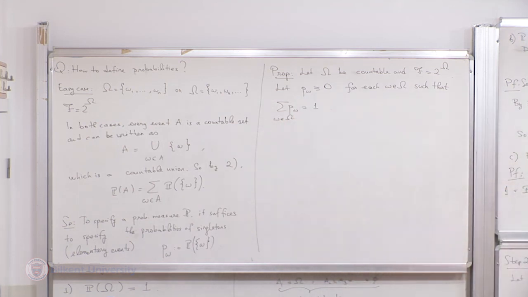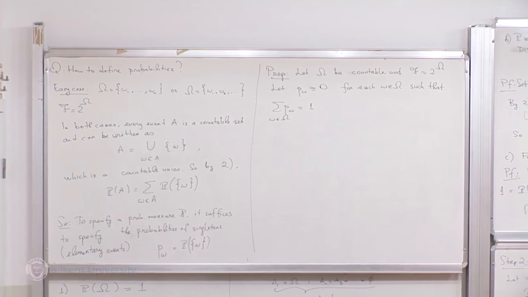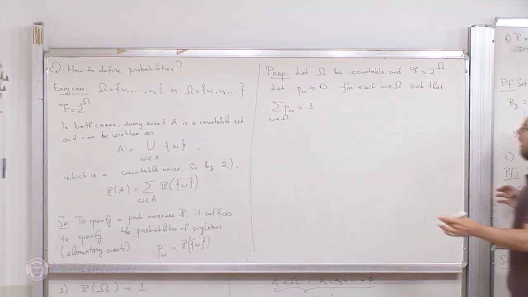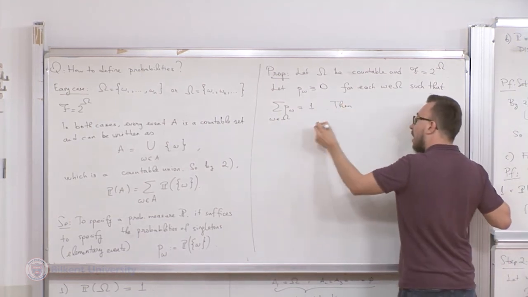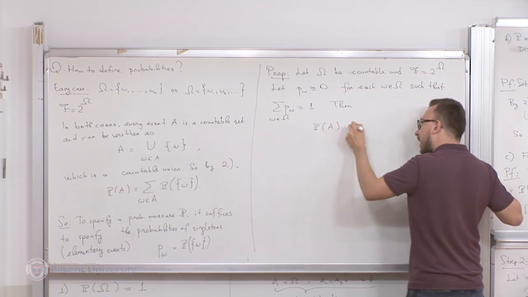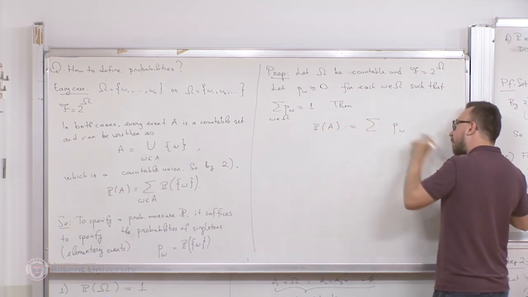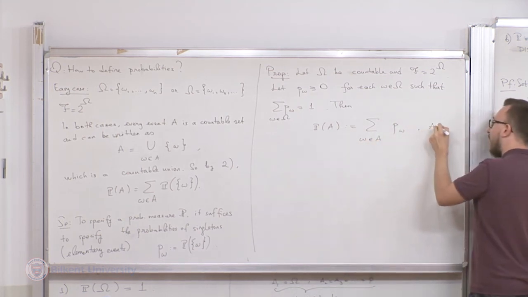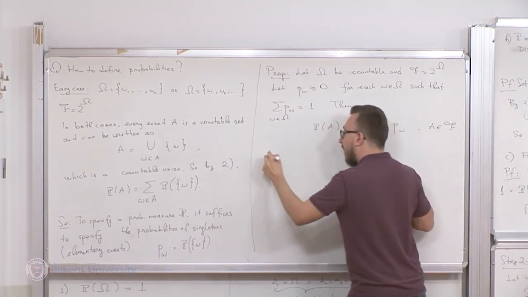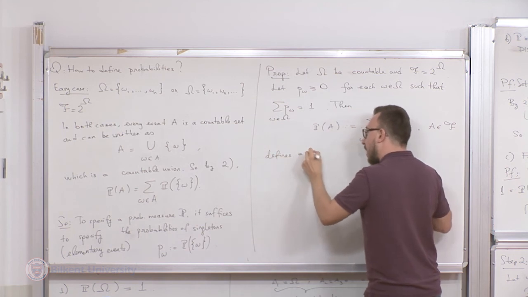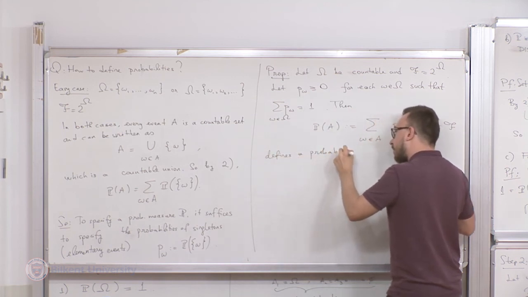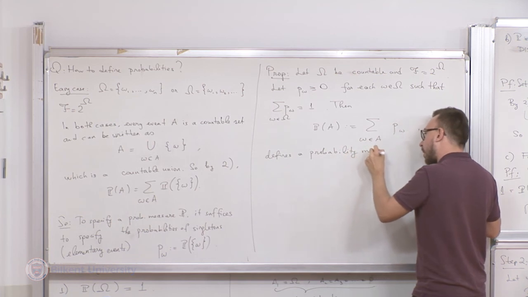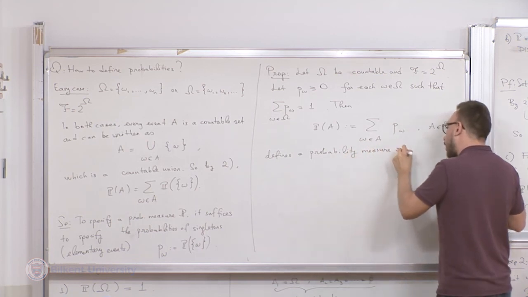The probabilities must add up to 1. That's the only requirement. Just give me non-negative numbers adding up to 1. This defines the probability. Then probability of A defined by the sum of P omegas, where omega is in A, for each A in F, defines a probability measure on omega, F.